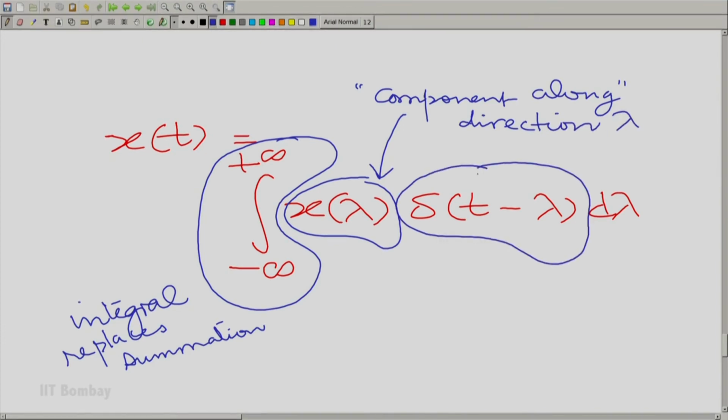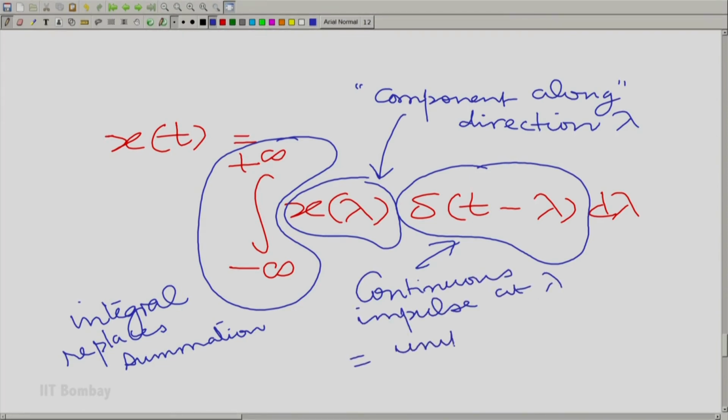And in fact, now you can also think of this continuous impulse at lambda as a unit vector, so to speak, along the dimension lambda. So, what are we saying in this expression? We are saying that one can put together all these different continuum of dimensions indexed by lambda with the corresponding unit vectors, which are the unit impulses, but now in continuous time.